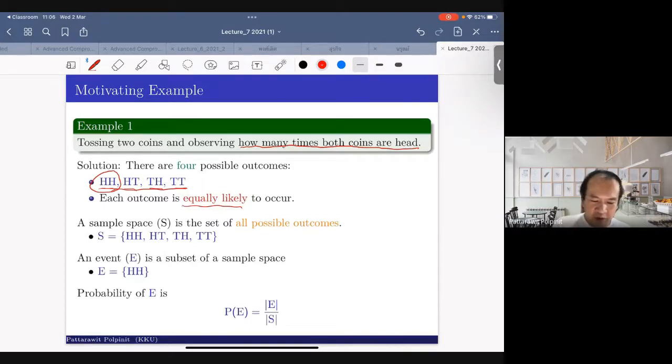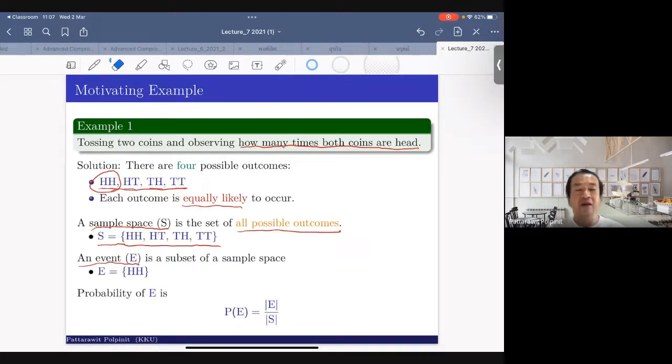We have a term called the sample space. A sample space is the set of all possible outcomes. So we can say that S, the sample space, is the set of HH, HT, TH, TT. An event is something that we're interested in. In this case, the event we're interested in is that both coins are head.